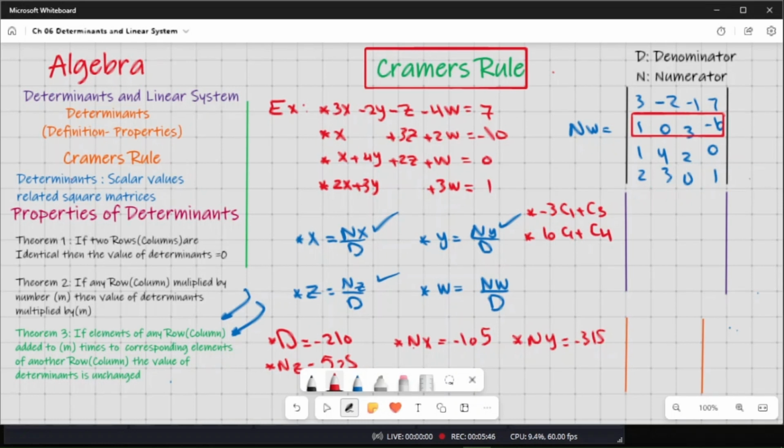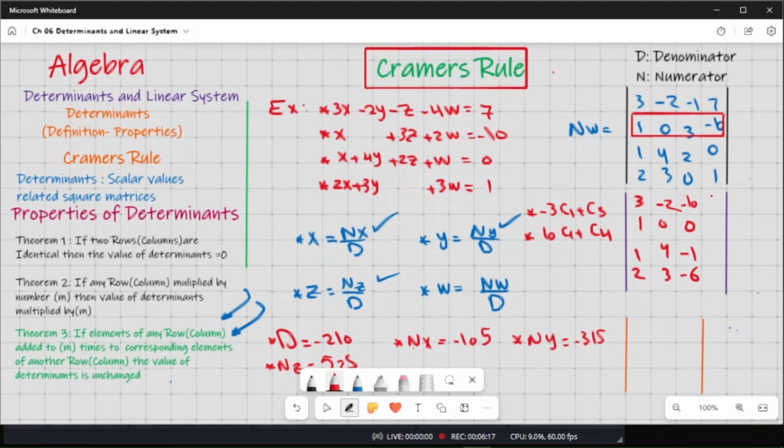Okay, so we have here 3, 1, 1, 2, here negative 2, 0, 4, 3, here multiplied by negative 3, then add to negative 1, so we have here negative 10. Multiplied here by negative 3, then add to 3, we have here 0. Multiplied by negative 3, then add to negative 1, negative 6.